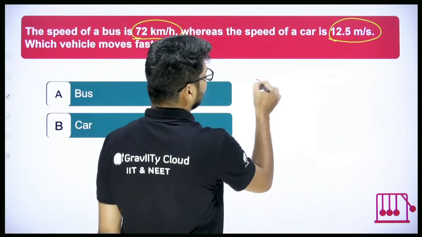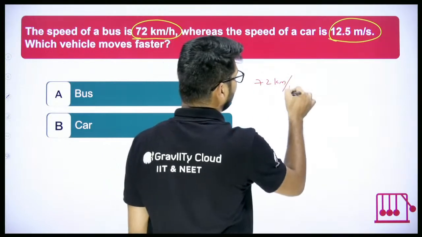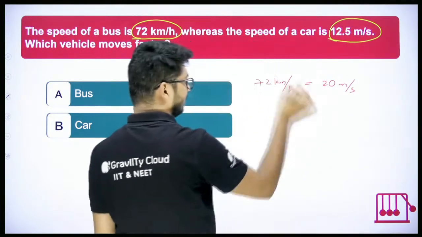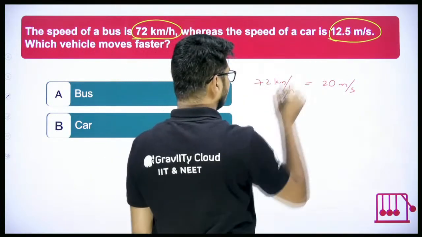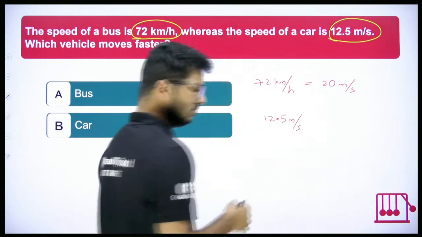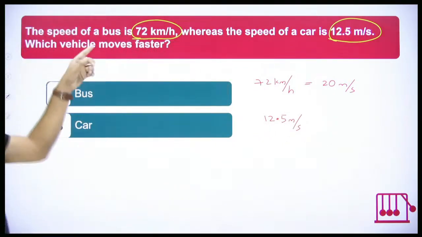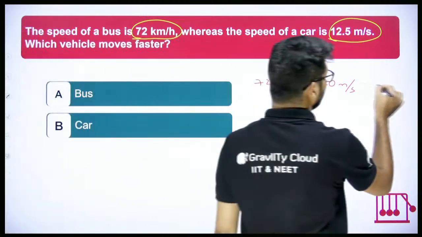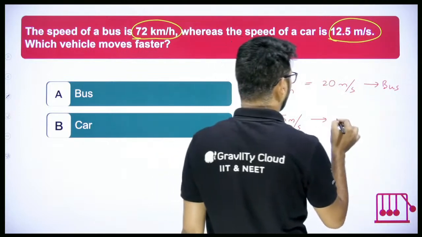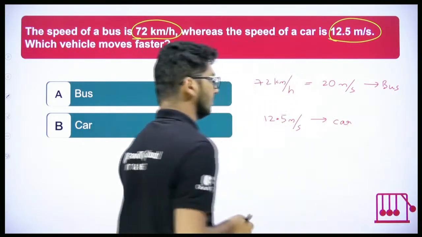So now if we compare the speeds, what is given here? 72 kilometer per hour, which we got as 20 meter per second. That is speed of one vehicle. The other vehicle is 12.5 meter per second. For the bus, it is 20 meter per second. For the car, it is 12.5 meter per second.